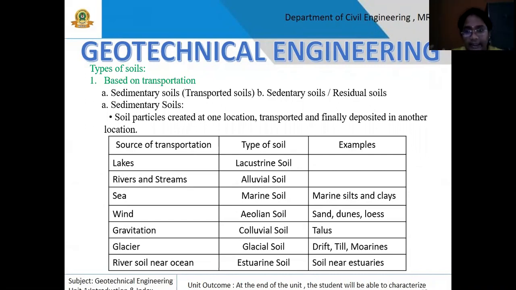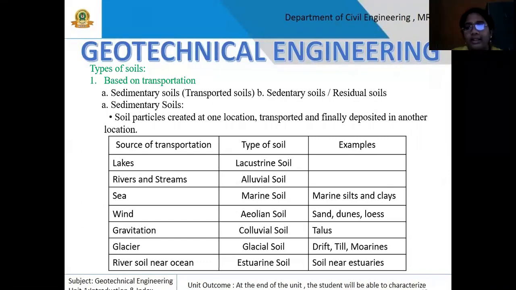Those are the technical terms; in easy terms, they are transported soils and residual soils. Sedimentary soils are transported soils. Sedentary soils are known as residual soils. A small difference: sedimentary is transported, sedentary is residual.